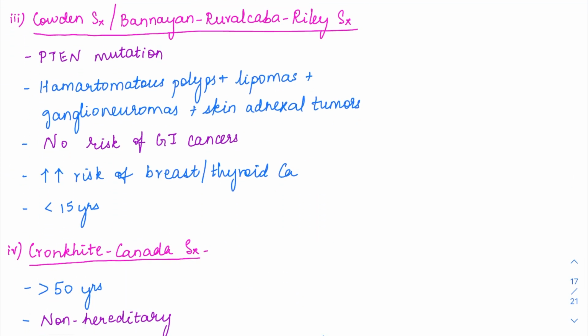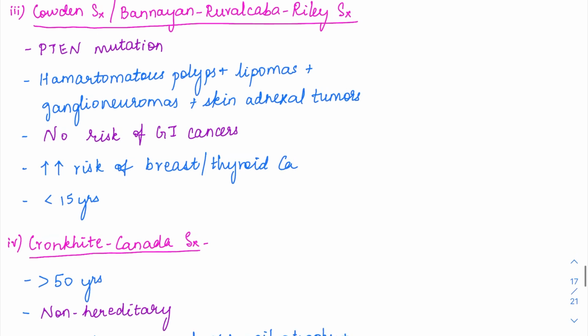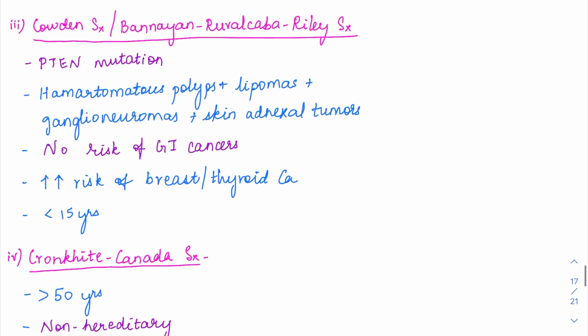Then we have Cowden syndrome and Bannayan-Riley-Ruvalcaba syndrome, both of which have the PTEN mutation. PTEN is present on chromosome 10q. So remember, 10 is there, and Cowden syndrome also has 'den' in it, like it sounds like 10, right?